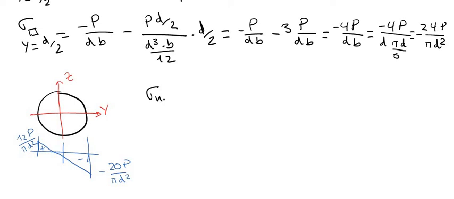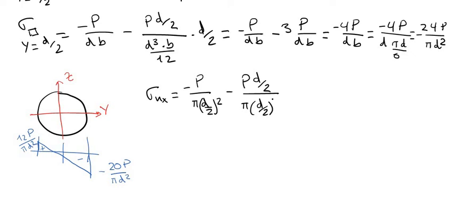calculate the normal stress σx equal to minus P divided by π(d/2)² minus P d/2 divided by π(d/2)⁴ times 1/4, and this is the y coordinate of the neutral axis when we make this equal to 0.